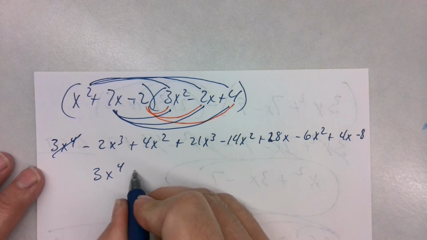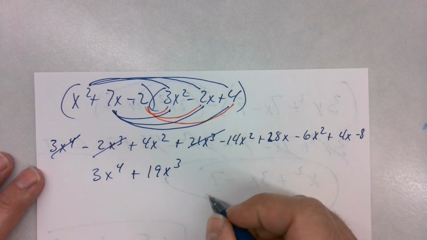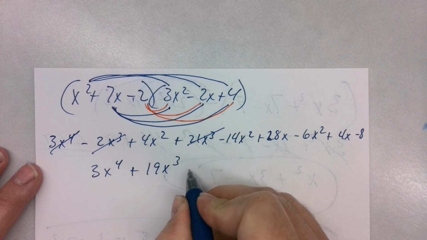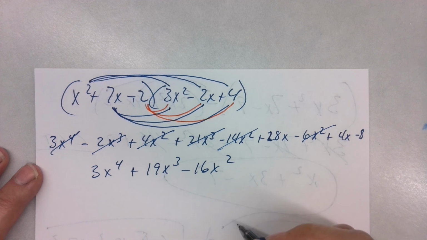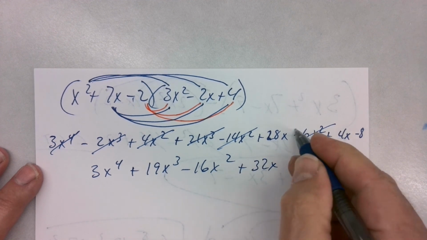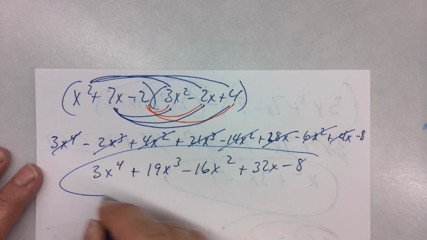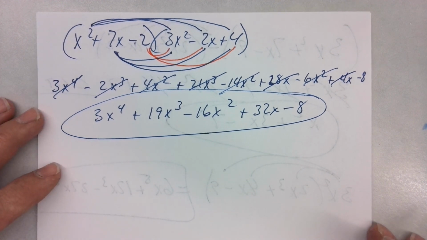Plus 19x to the third. Minus 16x to the second. Plus 32x. Minus 8. Something like that. I can assure you there'll be at least one of those on the test as well. I do know that much.